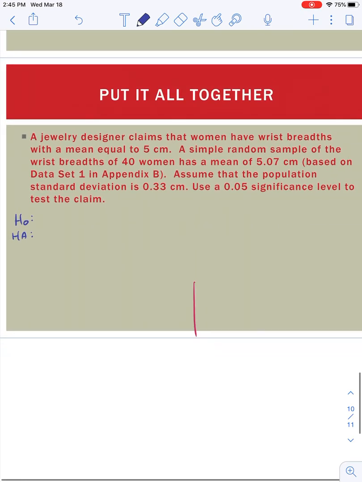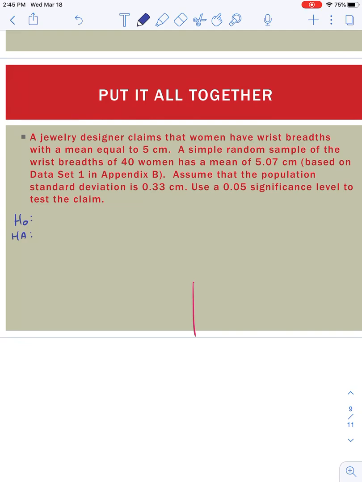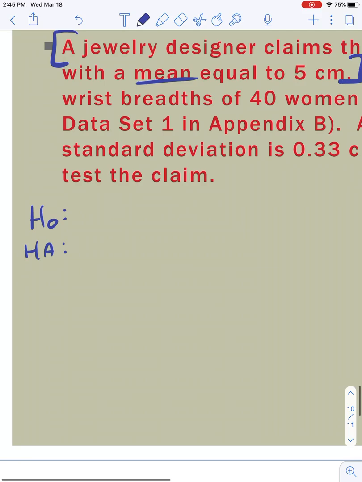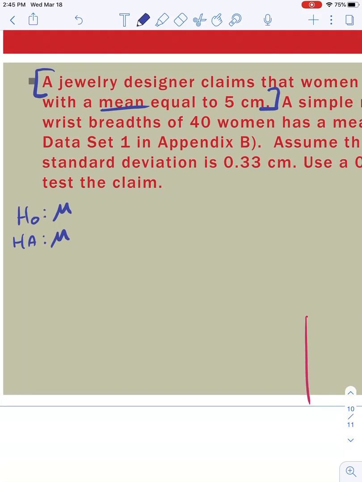Okay, a jewelry designer claims that women have a wrist breadth, so this is the claim, equal to 5 centimeters. So the claim is that women have wrist breadths with a mean equal to 5. The word mean tells me this is a mu problem. So I'm going to put mu in both the null and the alternative.